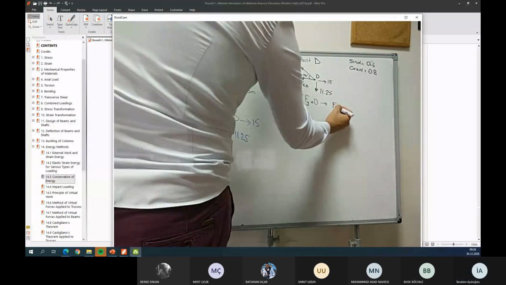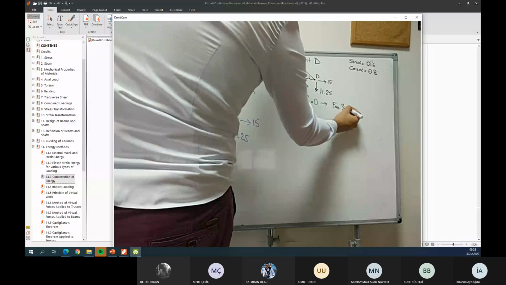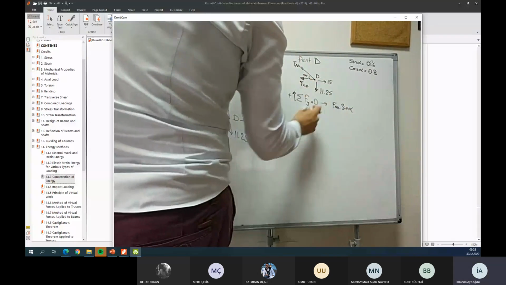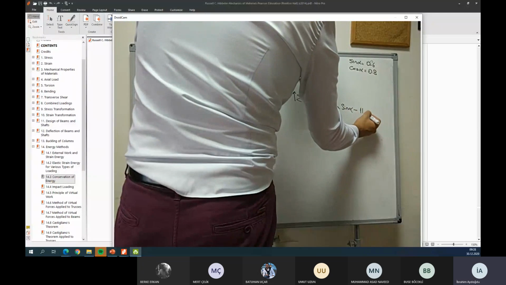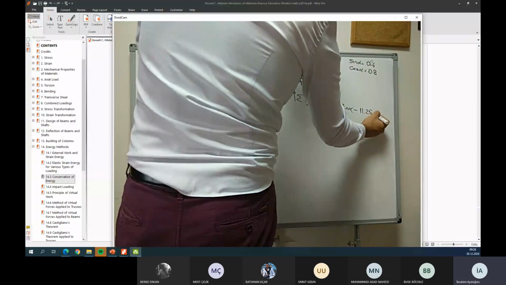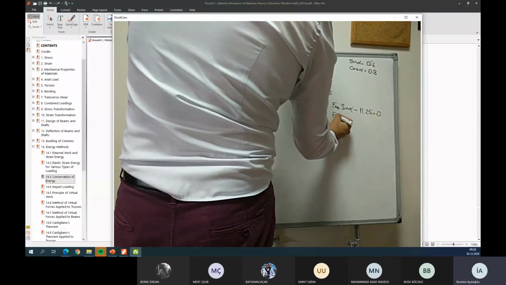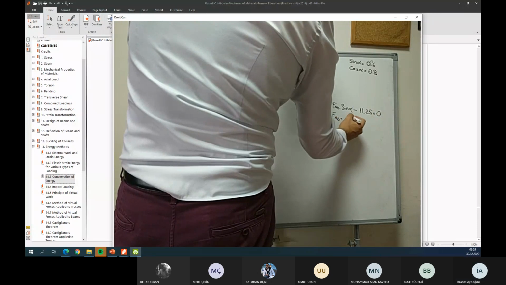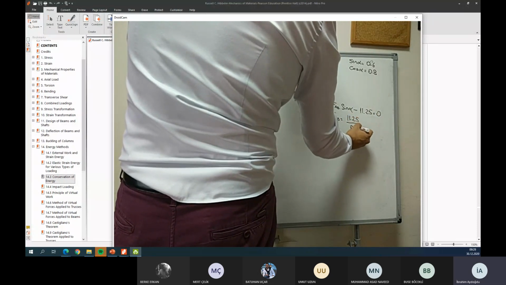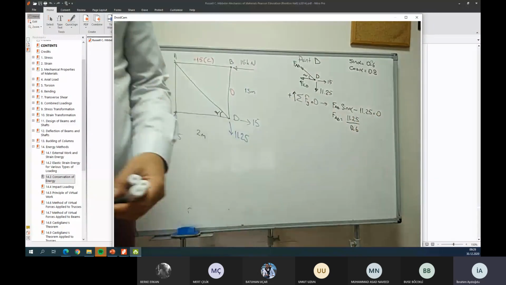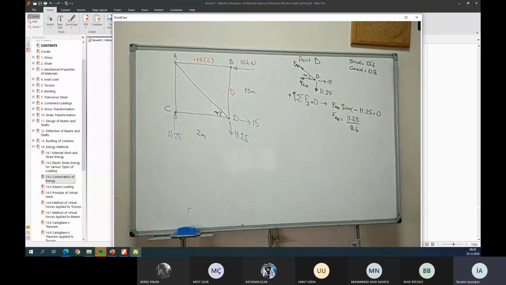F_AD sine alpha is positive, minus 11.25 is equal to 0. So F_AD is equal to 11.25 divided by 0.6. I think I can compute it in here.